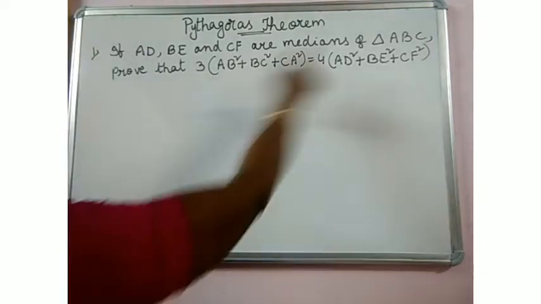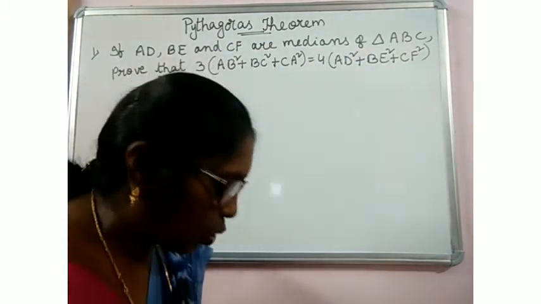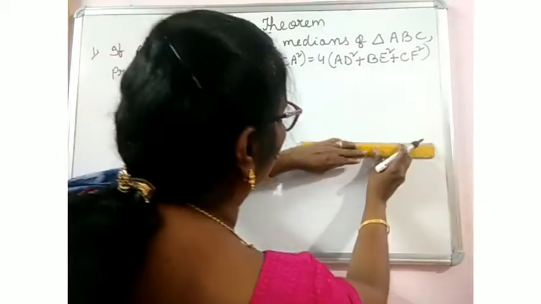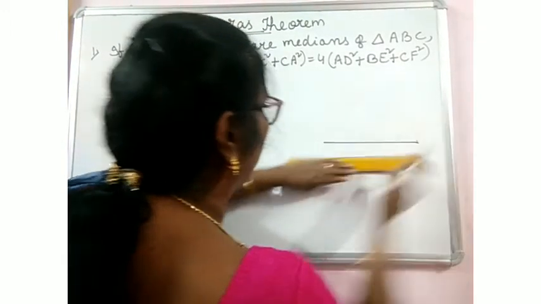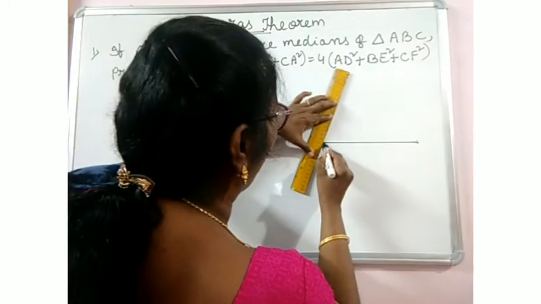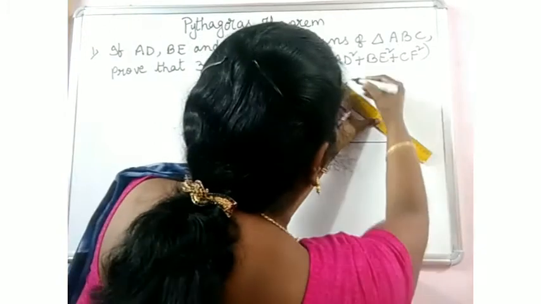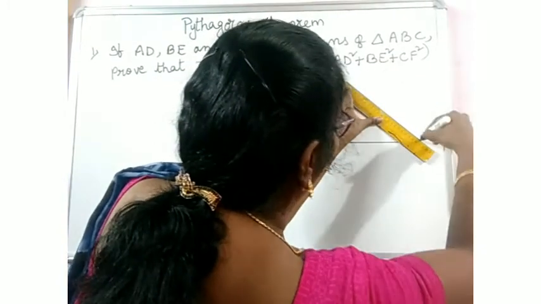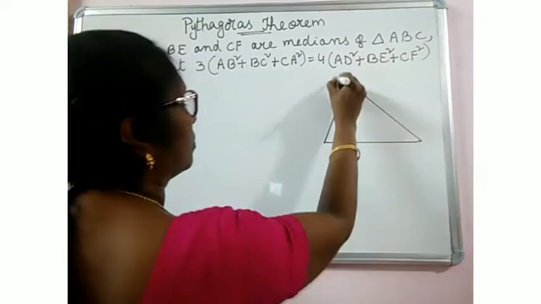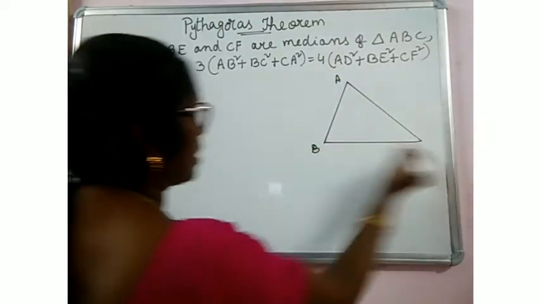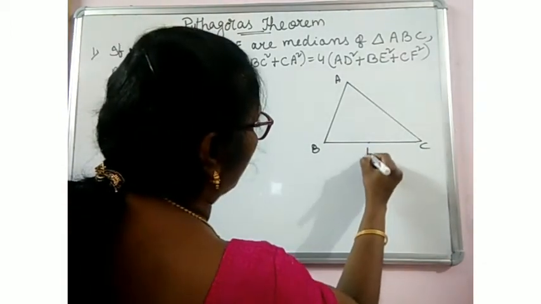First of all, in triangle ABC, AD, BE, CF are the medians. So let me draw the triangle. Suppose this is triangle ABC. AD, you know that the median bisects the base.